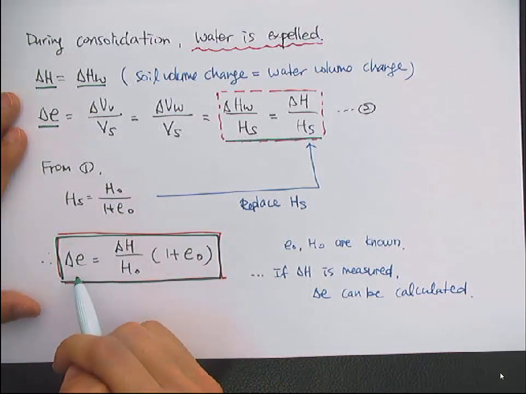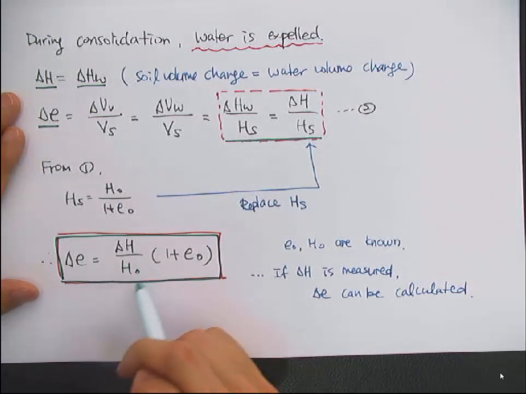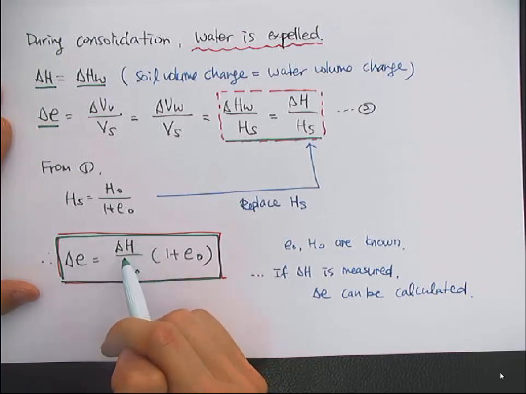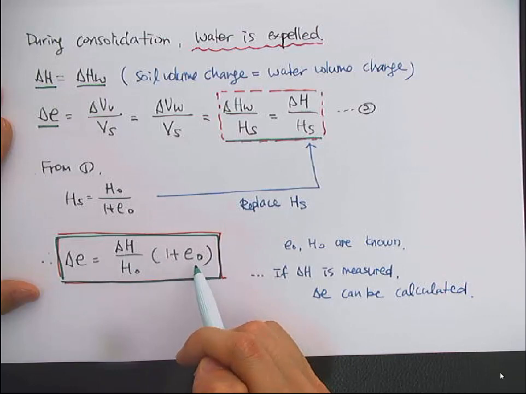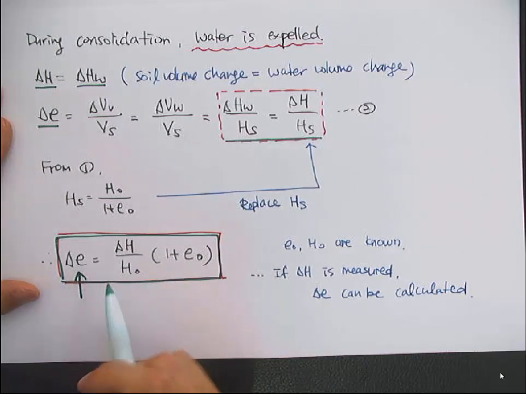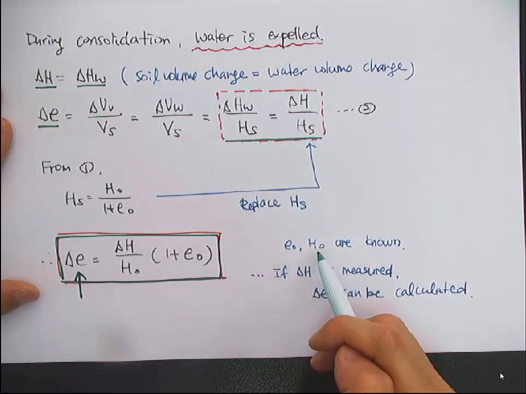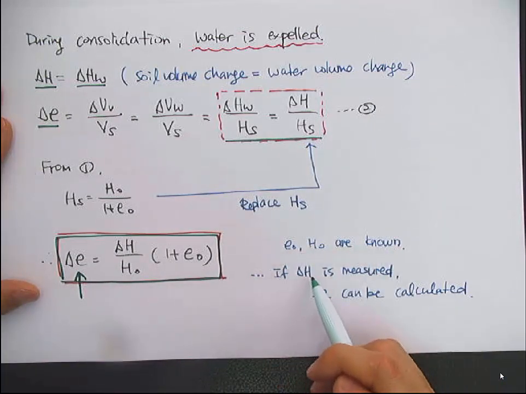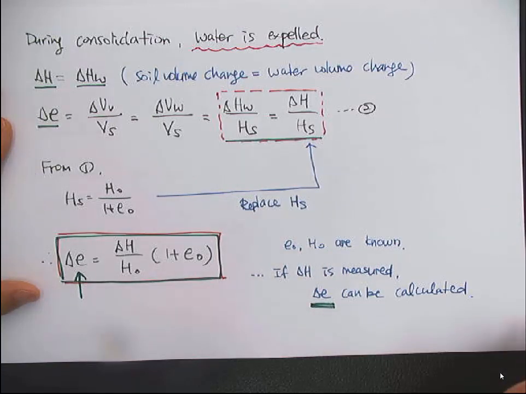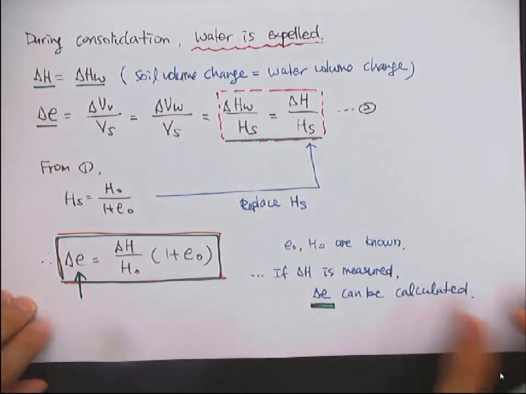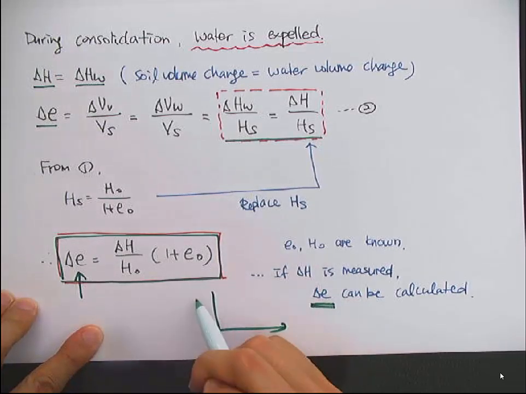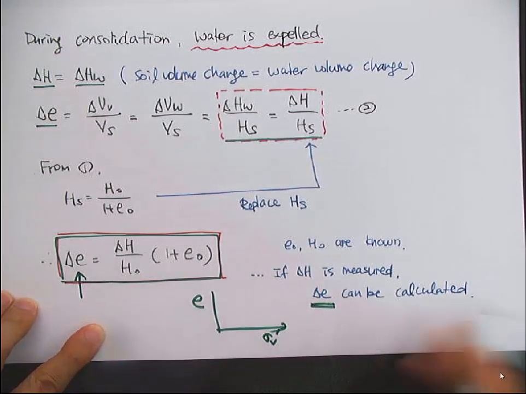And this tells you that if you know the initial height of the sample, and if you measure the change in height of the sample, and if you know the void ratio of the sample, then you can convert it to the void ratio change. So E naught, H naught are known, and if the delta H is measured, delta E can be calculated. So that way you can plot the E versus sigma V prime curve.